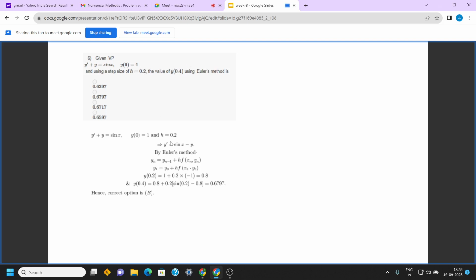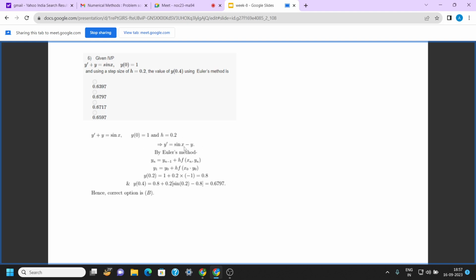For the first iteration, you will reach till y of 0.2 and in the next iteration, you will reach till y of 0.4. So for the first iteration, here it will be y1. Just substitute n as 1. So y1 is equal to y naught plus h into f of x naught comma y naught. Here x naught is 0 and y naught is 1.